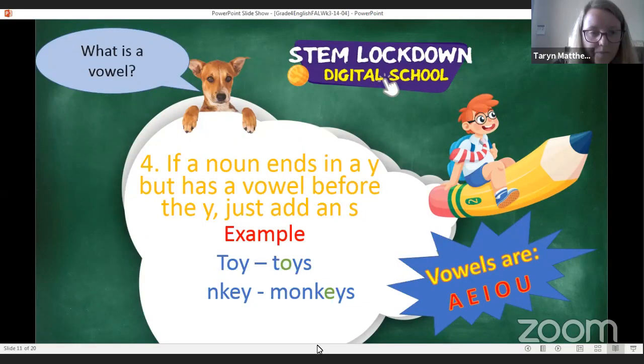So, yes, we've got toys, monkeys. Guys are busy today, eh? Okay, so did you copy that rule for me? Yes, and key becomes keys. Very nice. Okay, can I move on to rule 5?